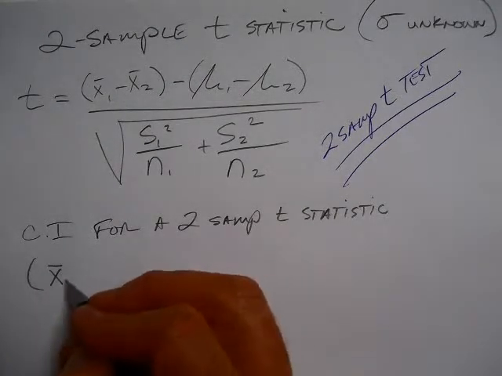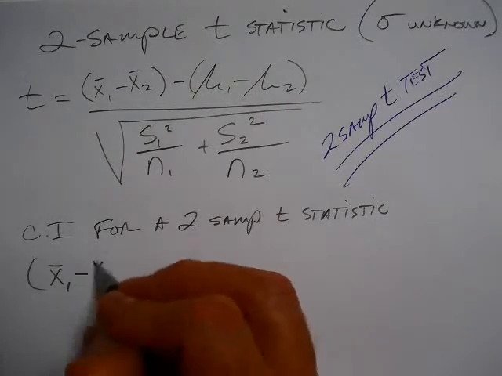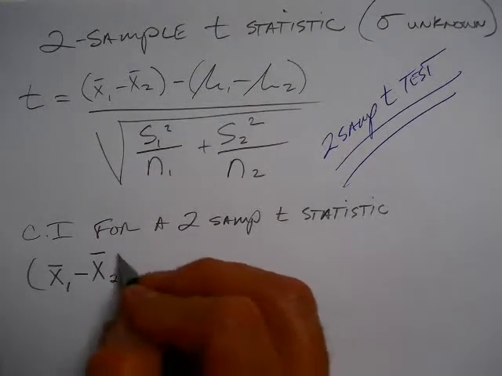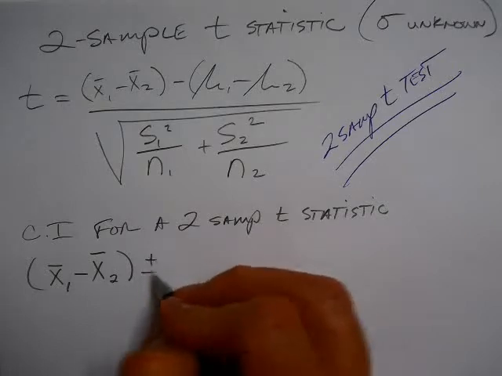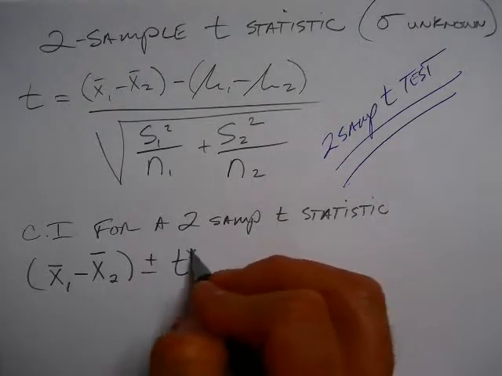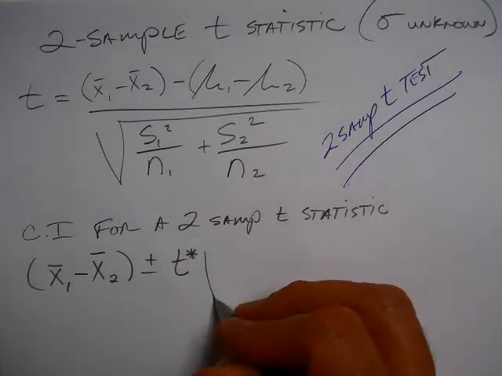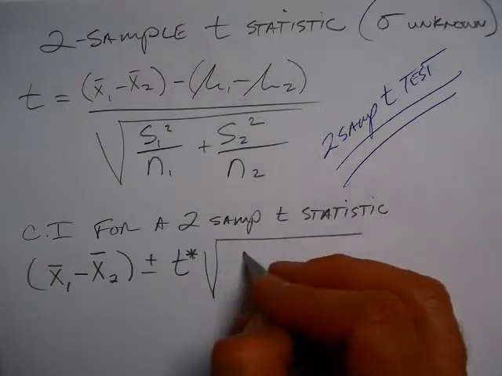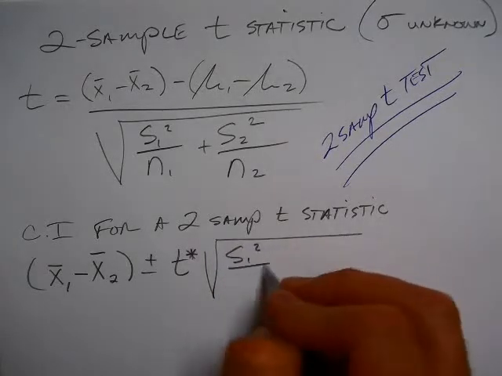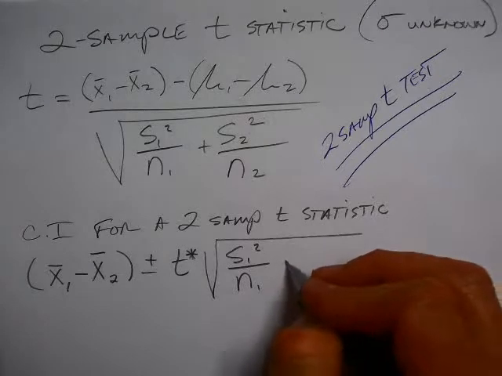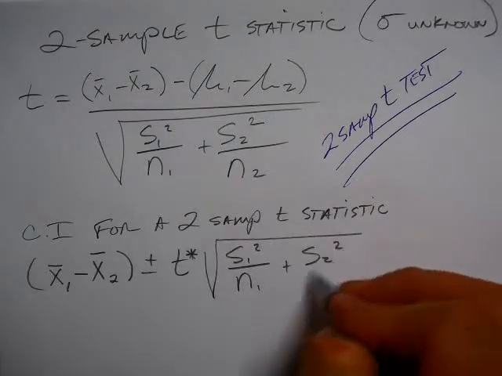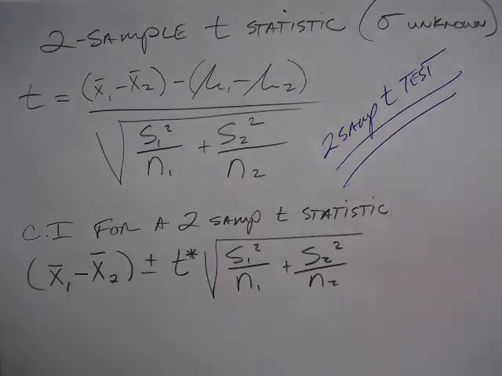X bar 1 minus X bar 2 plus or minus T star times the square root of S1 squared divided by N1 plus S2 squared divided by N2.